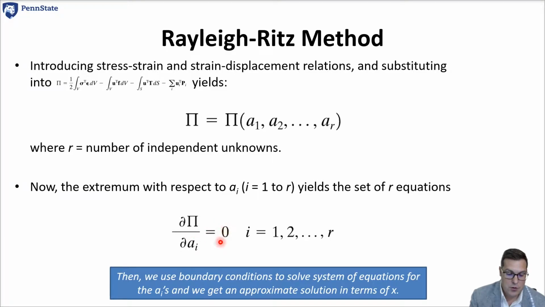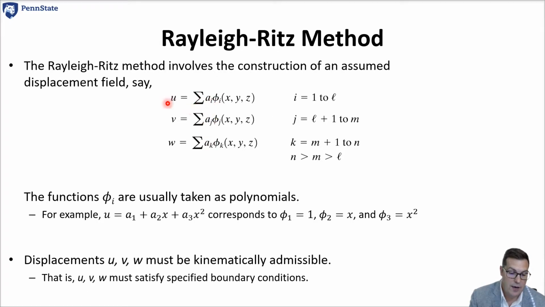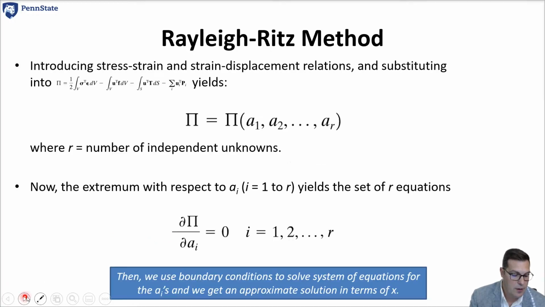And you set all those equal to 0, and you solve, and you get a system of equations back that you can actually solve for the a naughts, and then you are able to plug those a naughts back into your polynomial functions you created over here, right? So then you would have an approximate solution: if you plug in an x, for example, and you know these a naughts now, what is u? So that's kind of a neat little idea.